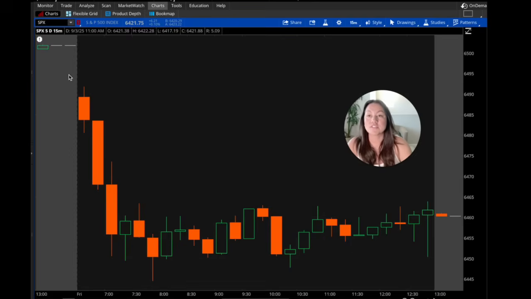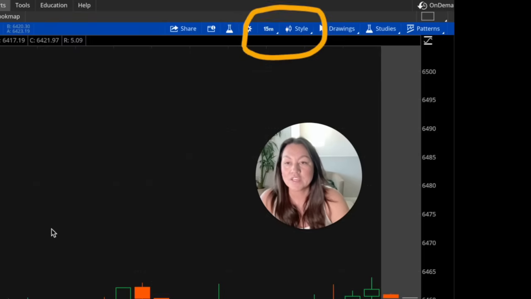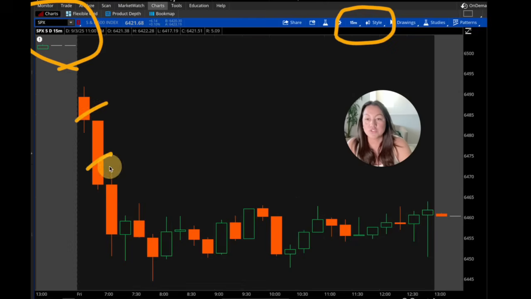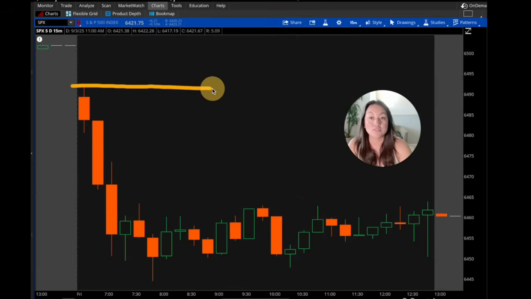for. So this is a chart for SPX, and I'm on a 15-minute time frame. Friday the 29th, 1, 2, 3, 4, an hour has passed. This is the opening range high, and this candle is the opening range low. This candle triggers the breakout to the downside, and so now my bot is looking for a call credit spread above the opening range.